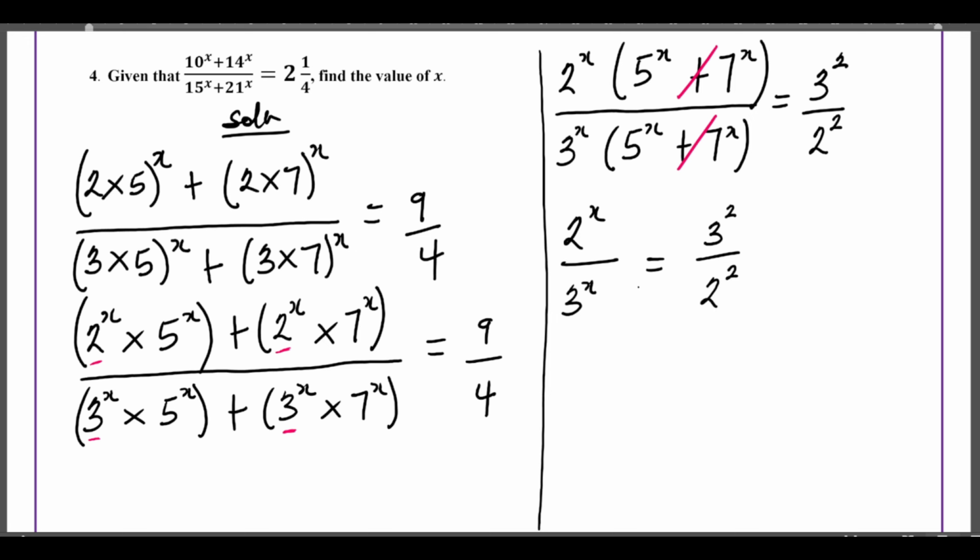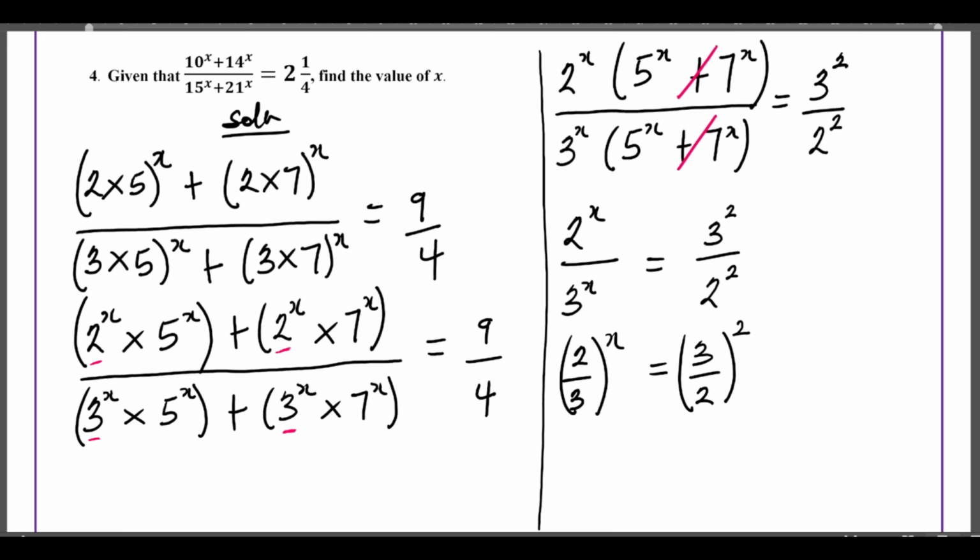Now, you see that we have common indexes on both sides. So we are going to factorize the common index out. On the left hand side, this can be written as 2 on 3 all raised to the power x. And then on the right, we have 3 on 2 all raised to the power 2.